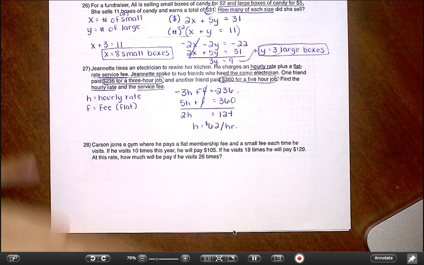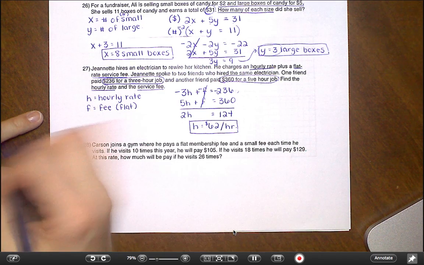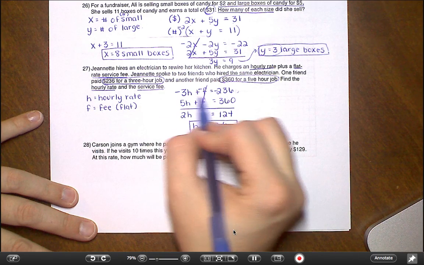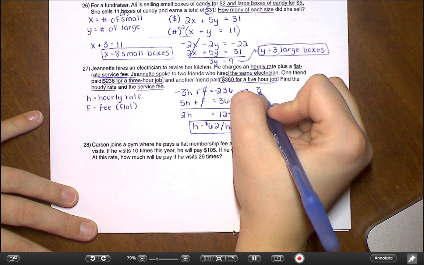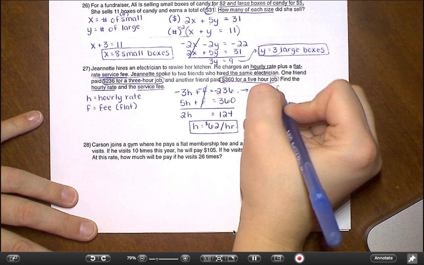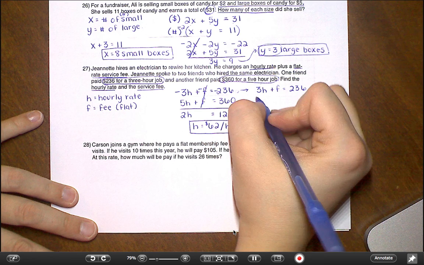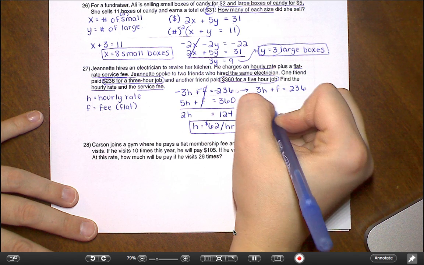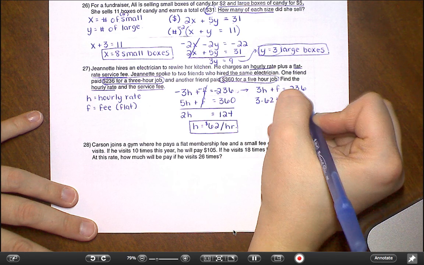Now to find the service fee, I'm going to plug that back in to either one of my equations. I'm going to go with this one, but what it used to be before I switched it to negative. So this used to be 3h plus f equals 236. I'm going to plug in my 62, so 3 times 62 plus f equals 236.